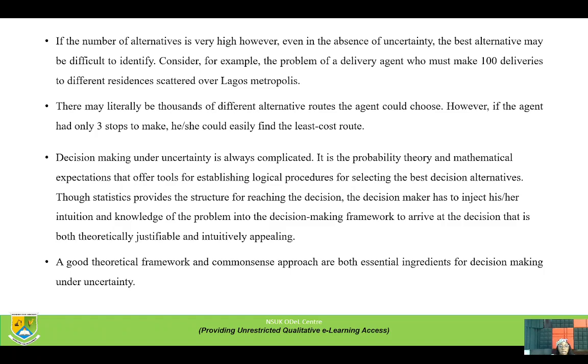Though statistics provides the structure for reaching the decision, the decision maker has to inject his or her intuition and knowledge of the problem into the decision making framework so as to arrive at the decision that is both theoretically justifiable and intuitively appealing. A good theoretical framework and common sense approach are both essential ingredients for decision making under uncertainty.